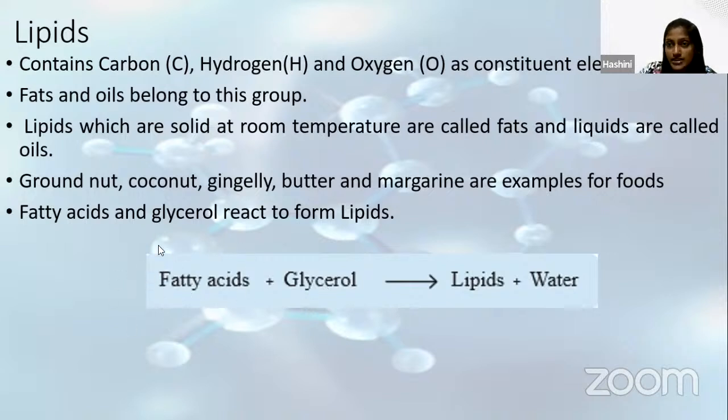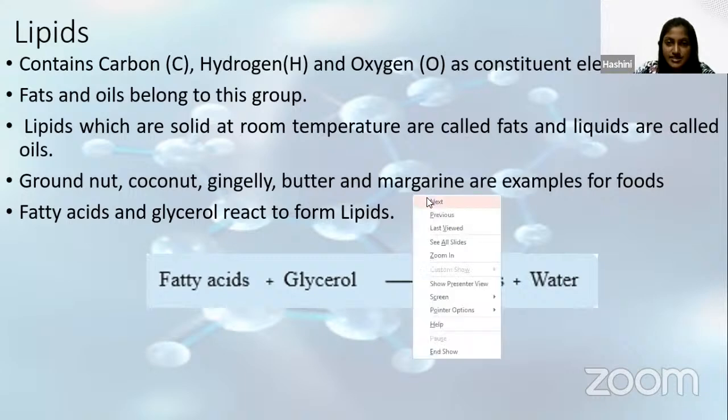Actually, 3 fatty acids are responsible for making a lipid molecule, and within this process a water molecule is released. So a lipid molecule is made by forming a glycerol molecule plus 3 fatty acids. The 3 is not so important; you have to remember that fatty acids and glycerol are responsible for making a lipid molecule.